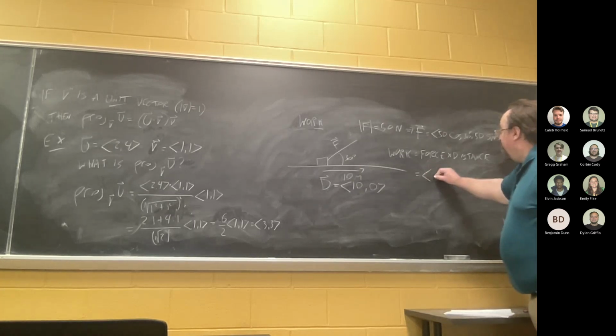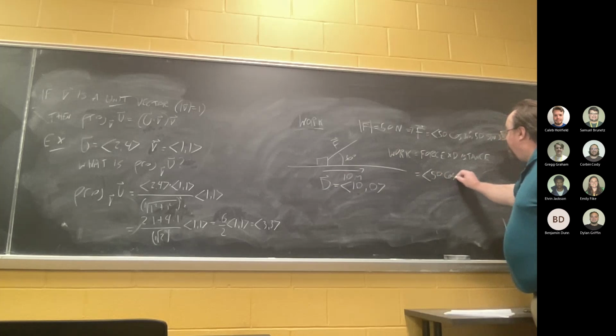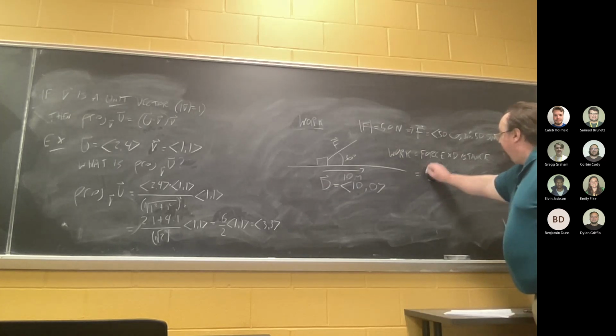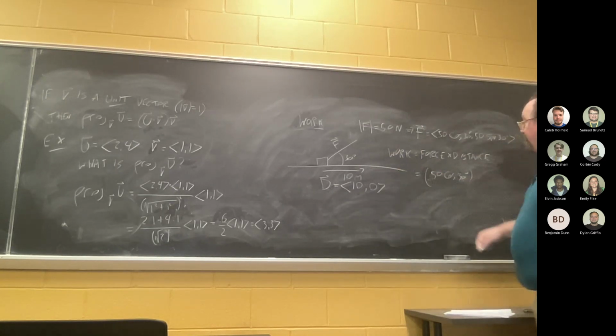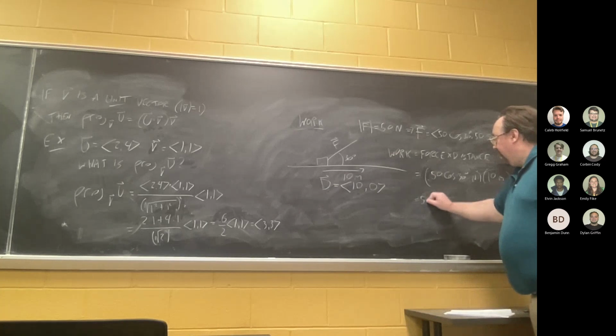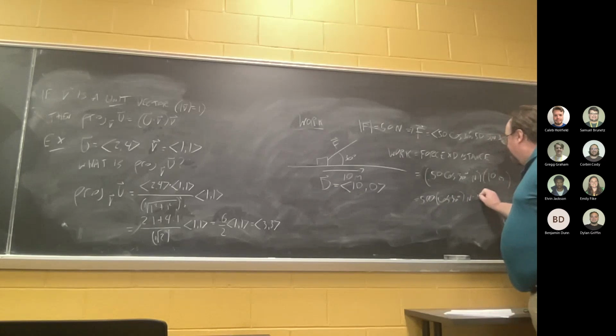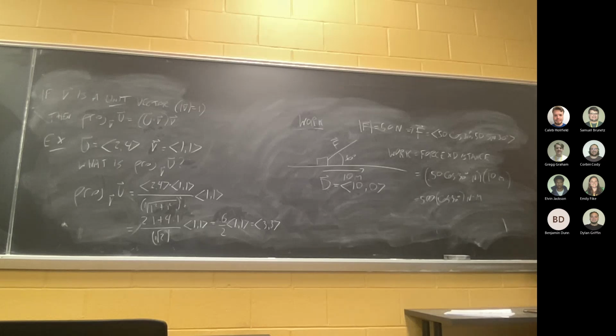So that would be 50 times cosine of 30 degrees, in newtons, times the distance it's being pulled, 10 meters. So what we would get is 500 times cosine of 30 degrees newton meters.